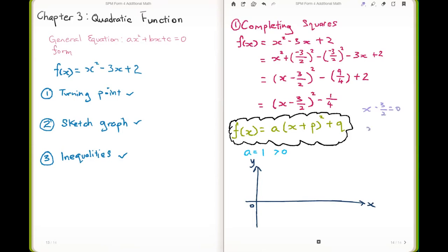It turns out that my x is supposed to be 3 over 2. So I know the turning point should be about 3 over 2. Y is negative 1 over 4, maybe here.